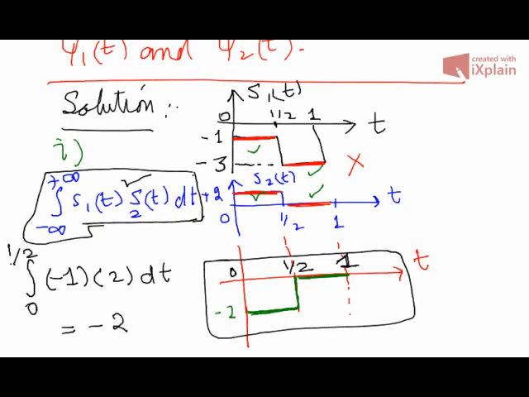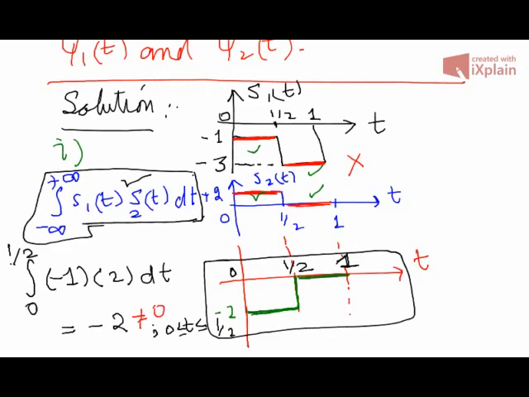So the product from 0 to half, this is valid for the time duration 0 to half. So the product is minus 2, which is not equal to 0, hence this is a set of non-orthogonal waveforms.